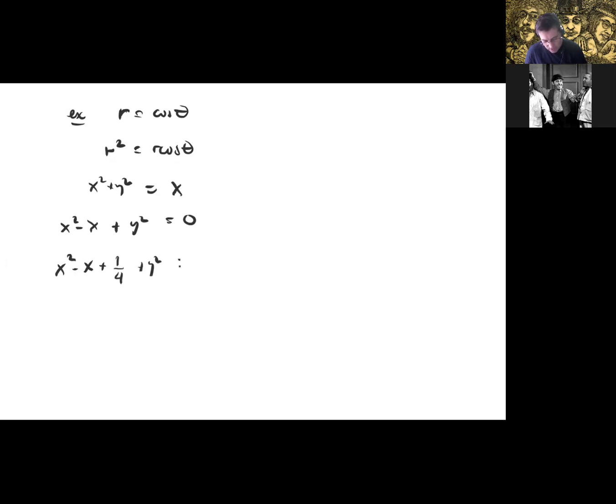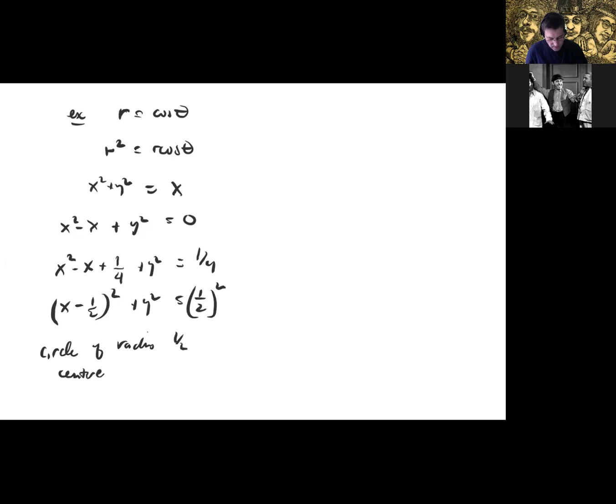Well, if we add a quarter to the left side, we better add a quarter to the right side. And this is (x minus 1/2) squared plus y squared equals a quarter, which I'll think of as a half squared, because this is then going to be a circle of radius 1/2 centered at the point (1/2, 0).